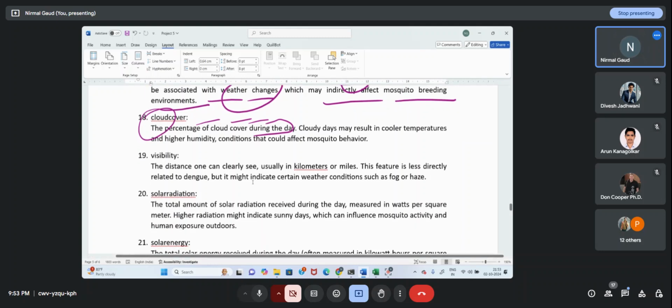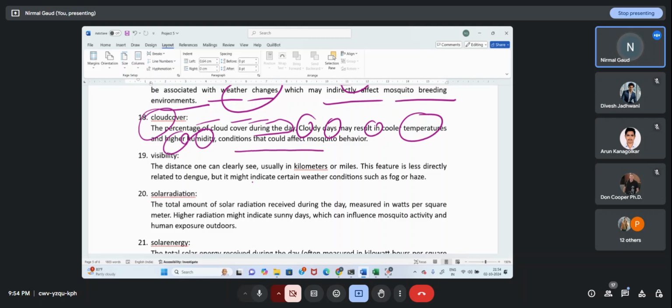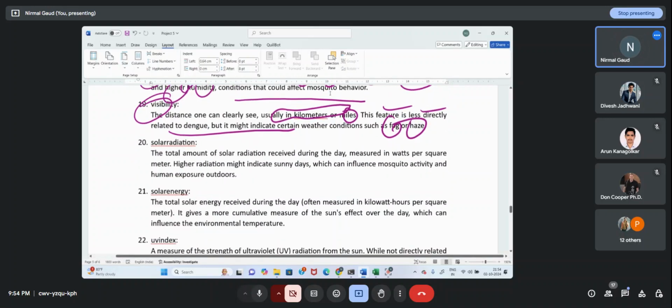So cloudy days, cooler temperature, higher humidity conditions could affect mosquito behavior. Visibility, that means haze or something like that, how many miles you can see. This feature is less directly related to dengue. It's just a part of weather condition.